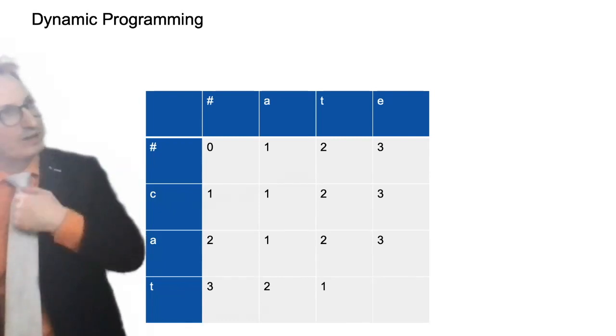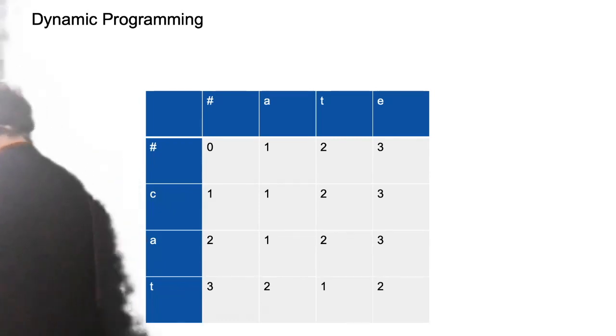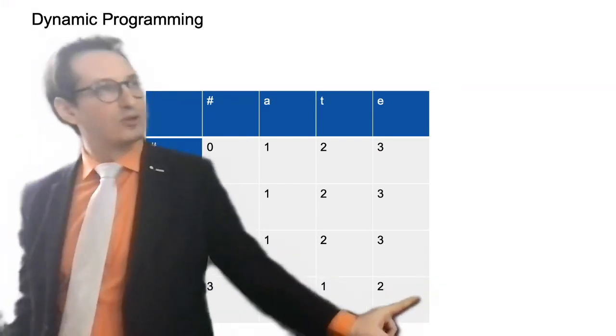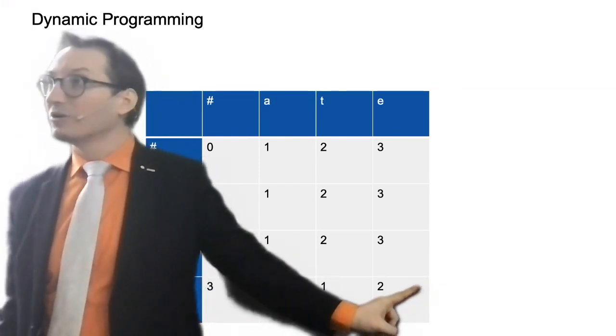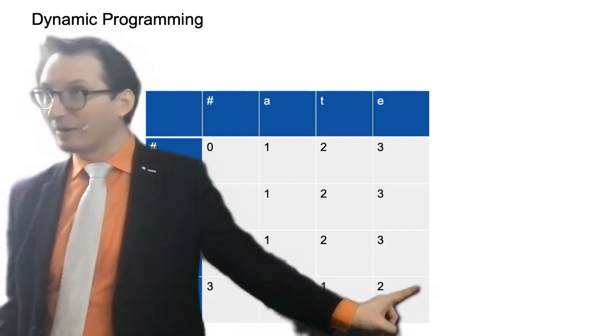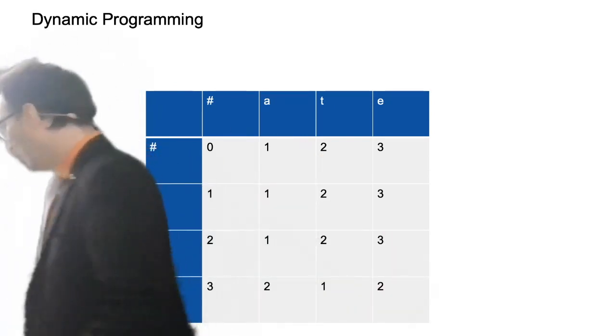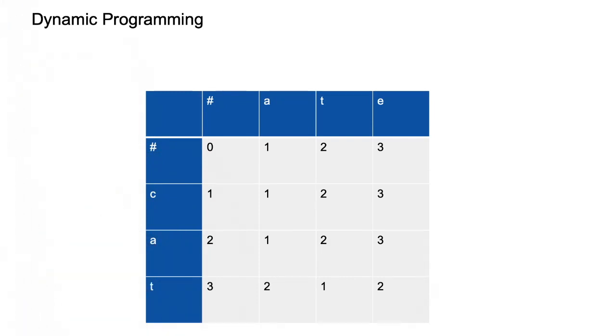You can do it offline if you want, but that gives me my table. And my final result is here at the bottom right. And that took quadratic time, right? Just compute each one of the numbers of the table. So the complexity of the algorithm is the spatial footprint of the structure, which is the rectangle, quadratic.